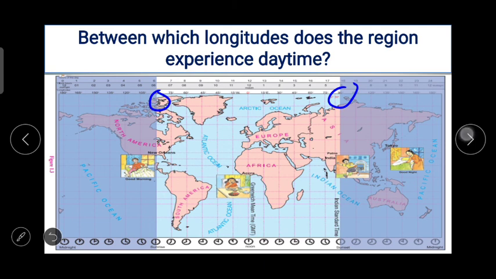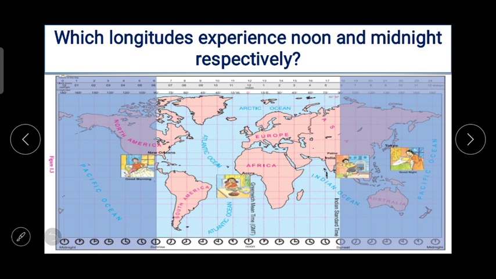Then the second question: which longitudes experience noon and midnight respectively? Noon भी है और midnight भी है. So it is 0° longitude, here you can see noon, and 180° longitude.